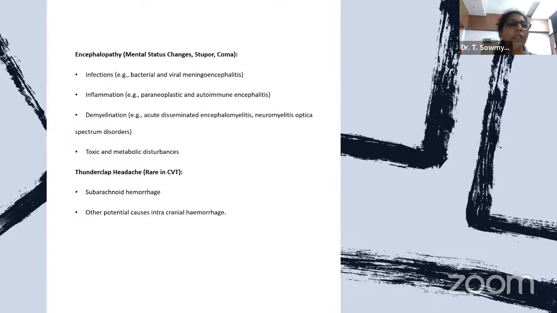And when a patient presents with encephalopathy signs, the DDs would be infections like bacterial and viral meningoencephalitis, inflammations like paraneoplastic and autoimmune encephalitis, demyelination like acute disseminated encephalomyelitis and neuromyelitis optica, and toxic and metabolic disturbances. And when the patient is having thunderclap headache, which is rare in CVT, the differential diagnosis will be subarachnoid hemorrhage, and any other sudden intracranial hemorrhage to be ruled out.